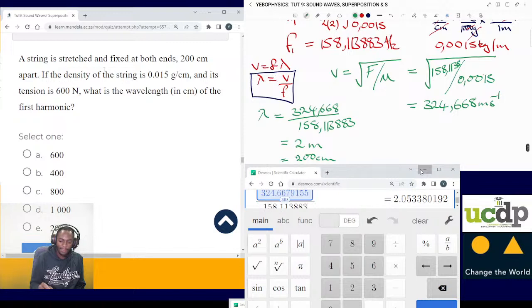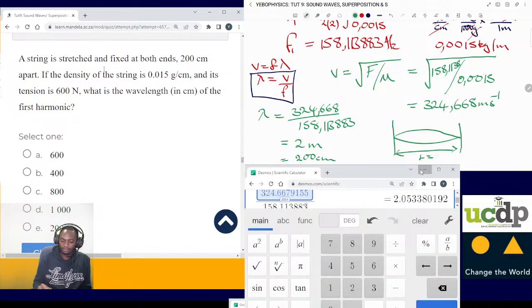Because our fundamental mode is like this, and we're told that the length is equal to, and lambda is equal to 2L, which is what I had done earlier on.